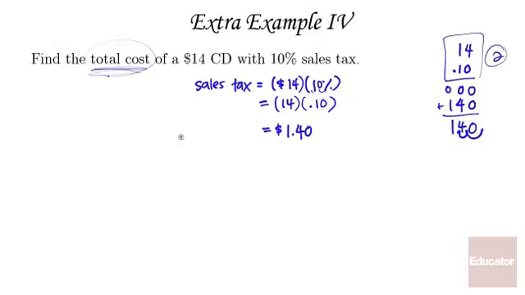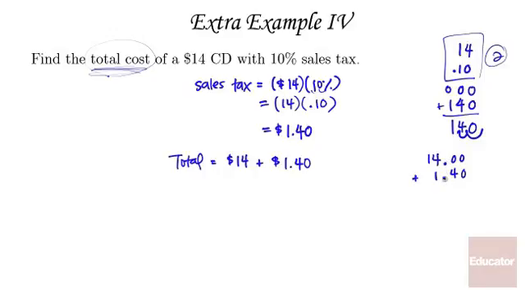So $1.40 is how much I have to pay in addition to the $14 I have to pay for the CD. So the total is going to be the $14 plus the $1.40. 14 is the same thing as 14.00 plus 1.40. When you add numbers with decimal points, you have to make sure the decimal points are lined up.